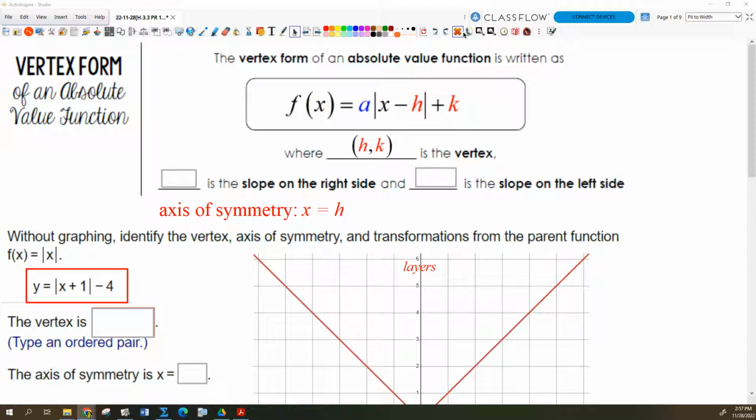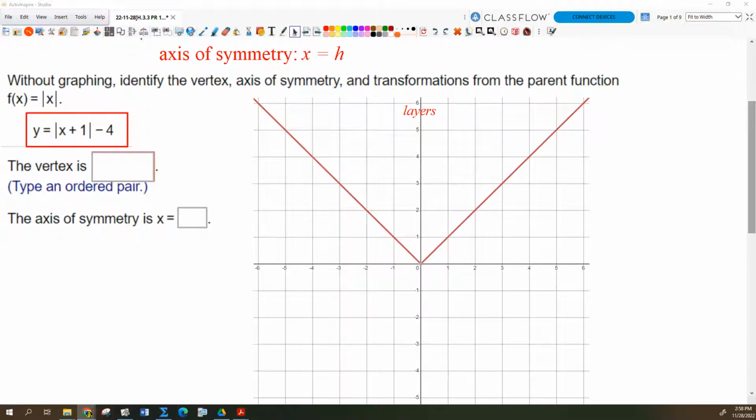So a is what we call the vertical dilation factor. And I would encourage you to think about it that way. Don't use this little shortcut. I mean, it works for absolute value functions, but that's it, right? It so happens that the vertical dilation factor a, because an absolute value function's right leg is aligned with the slope of 1, when I stretch it or compress it by some amount, that works out to be the same thing as the slope of the right side and the opposite of the slope of the left side.